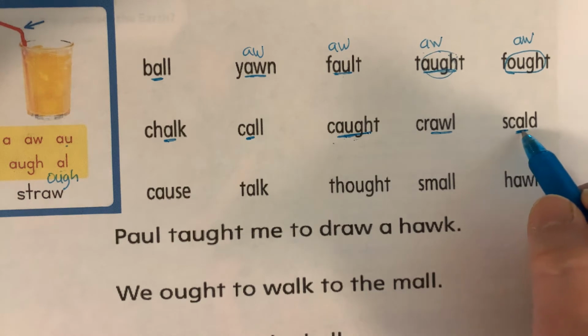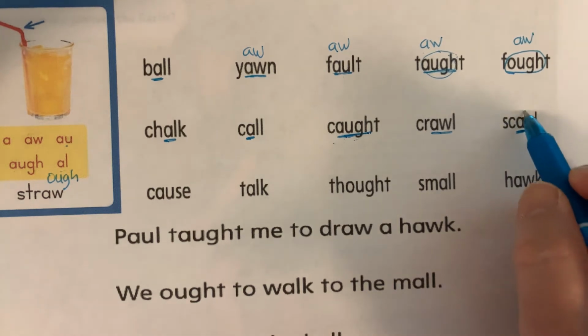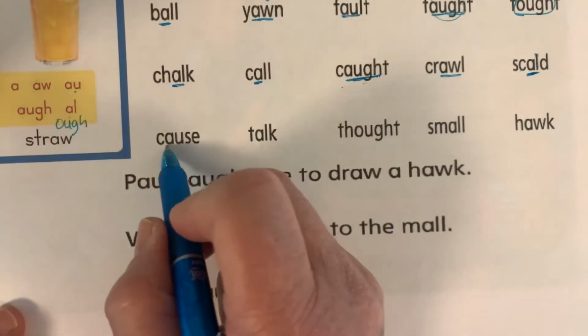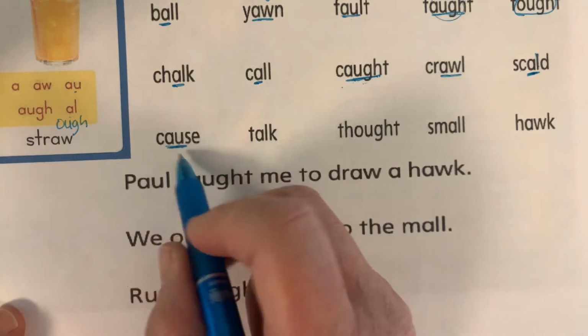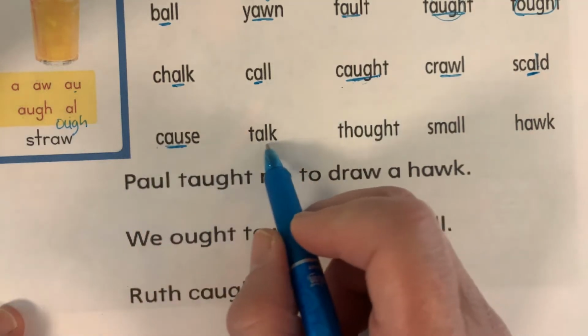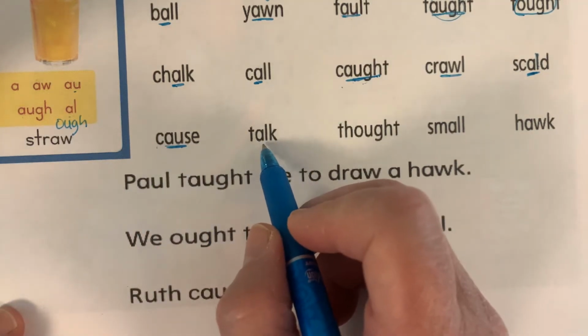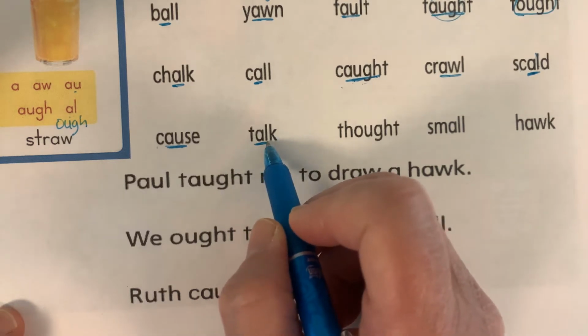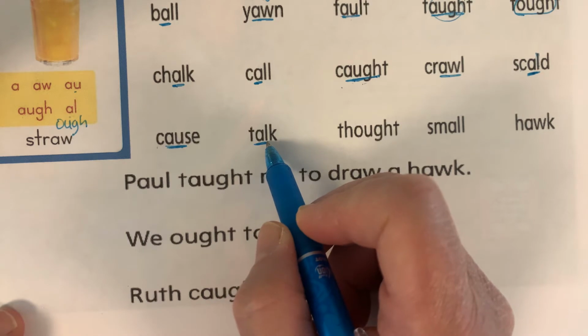So it's just the A that's saying ah, because the L we're saying it. We're saying scald, we hear the L. Here it's AU, cause, talk. We don't say talk with an L, so the L's not talking, so it's the AL together that's saying ah.